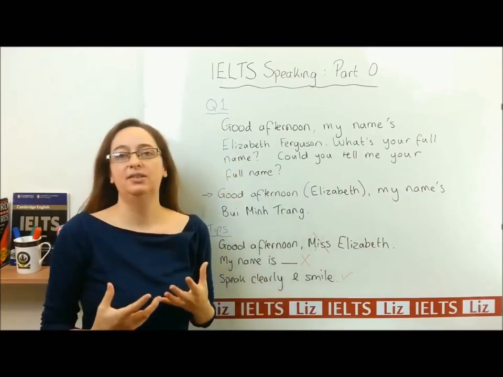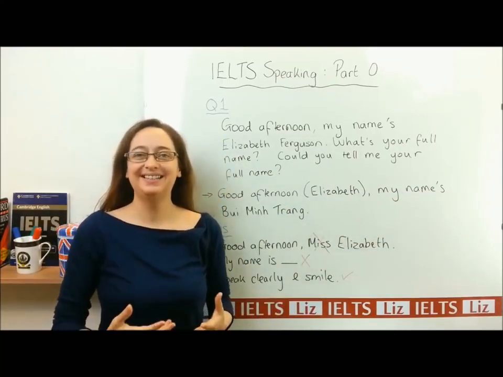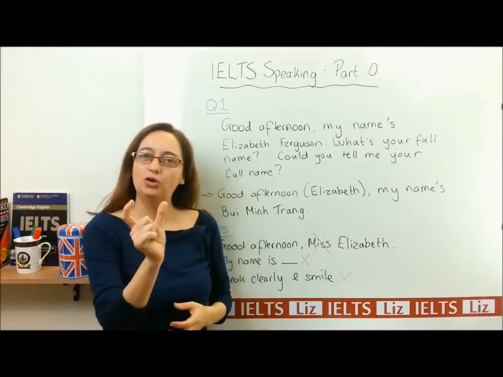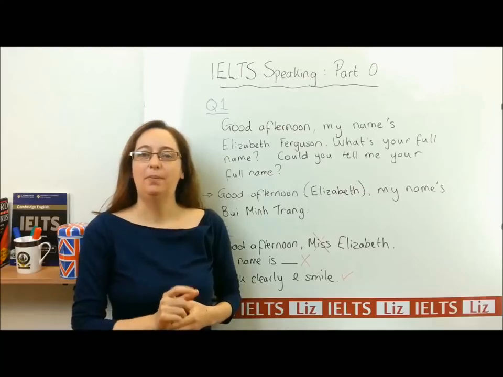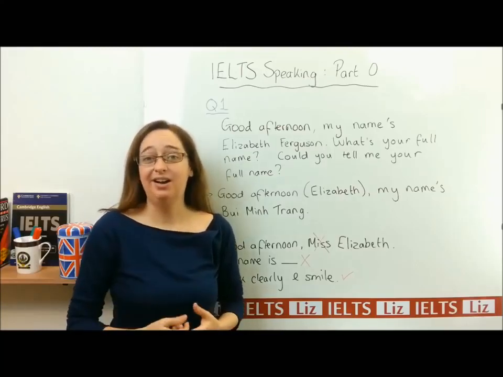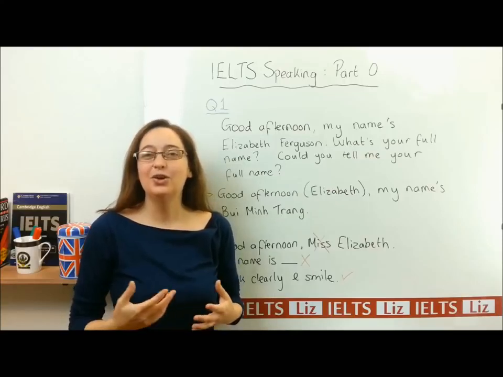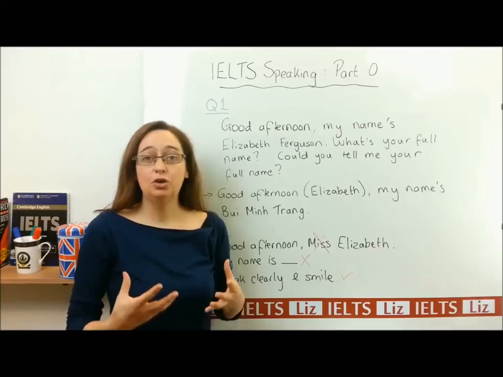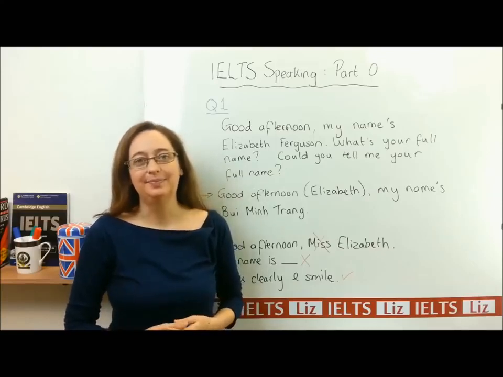Now, the reason this is important is because this is part of pronunciation. When you contract a word from is to my name's, then this is higher level pronunciation. So remember that in the rest of your exam and try to use it as much as you can.